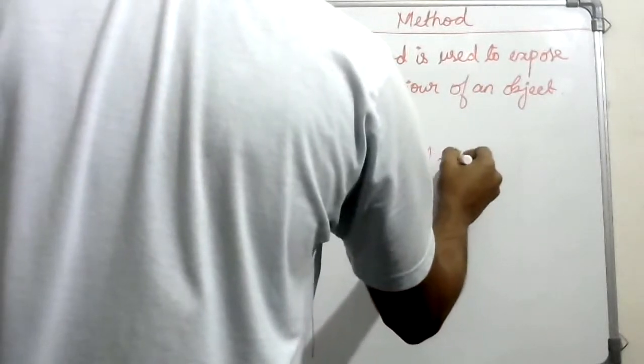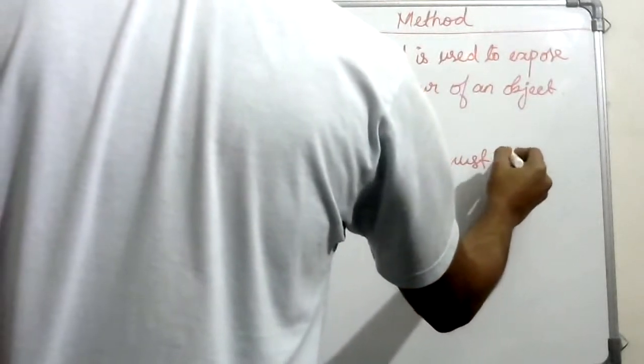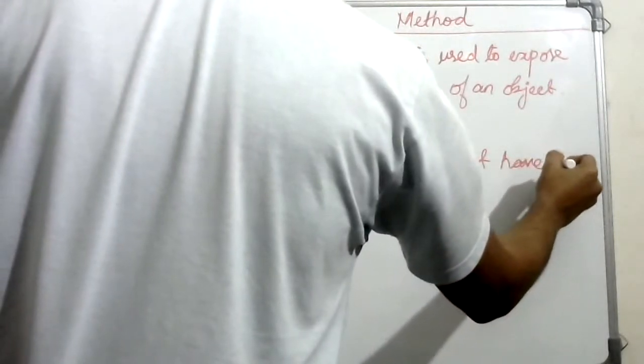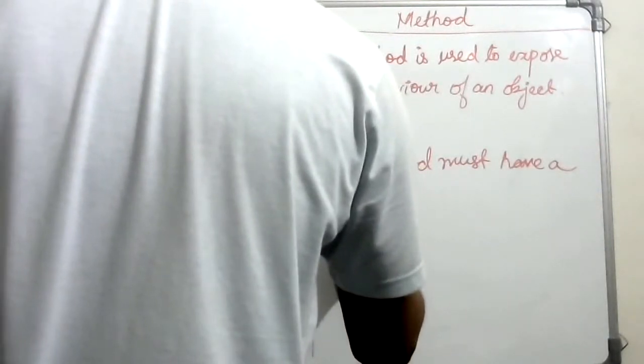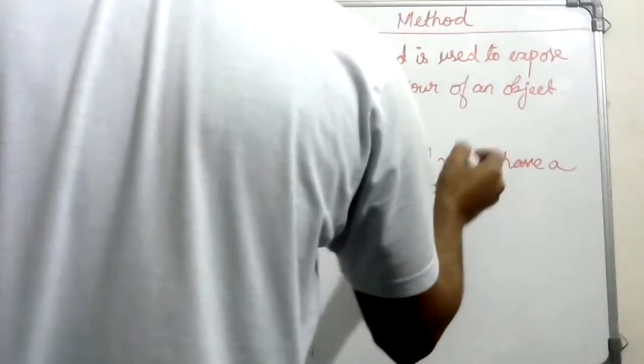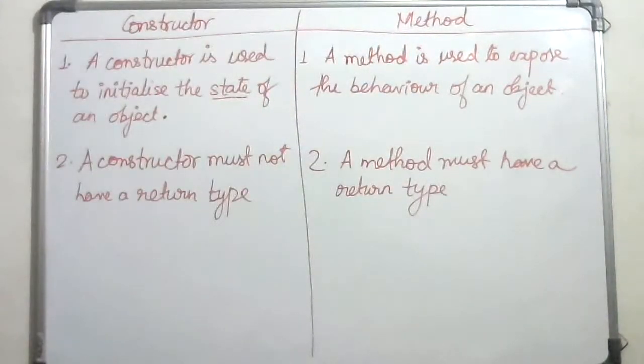A method must always have a return type. A constructor must not have a return type, a method must have a return type. That is the second difference.